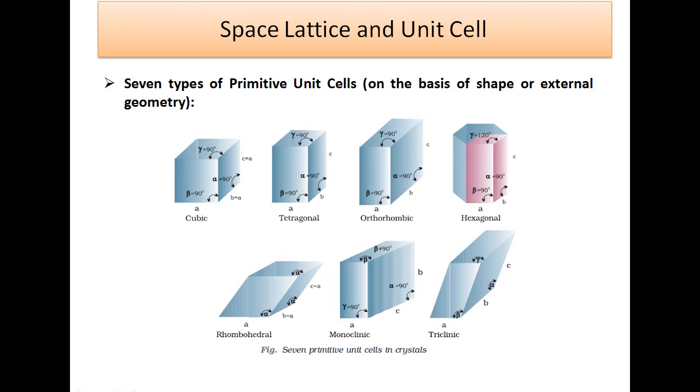These 7 categories are cubic, tetragonal, orthorhombic, hexagonal, rhombohedral, monoclinic and triclinic. These are the 7 primitive unit cells in a crystal. So depending upon the angles between the edges or the variation in the edge lengths, we have 7 different types of primitive unit cells.